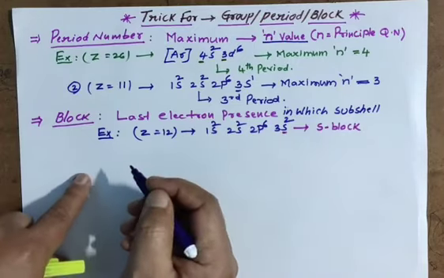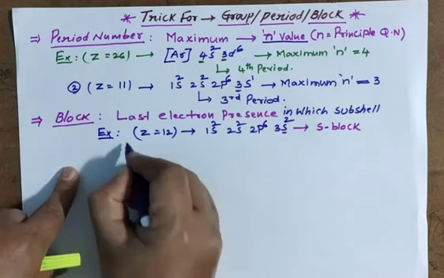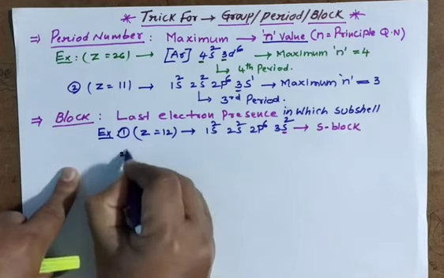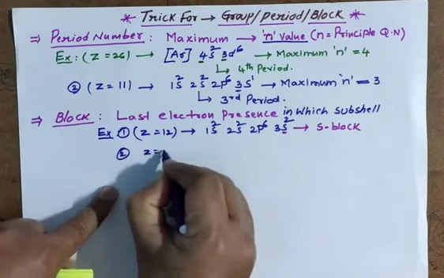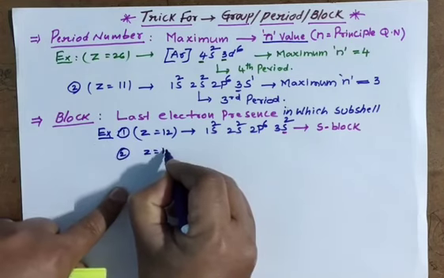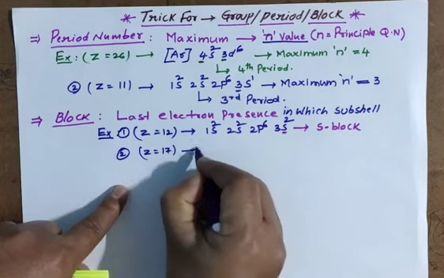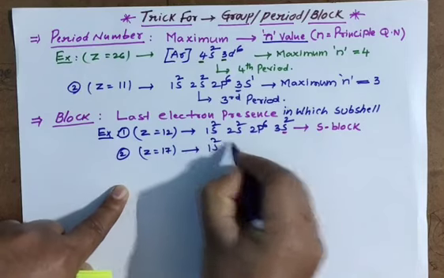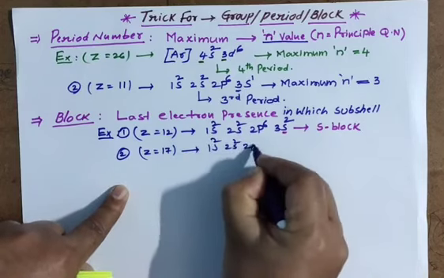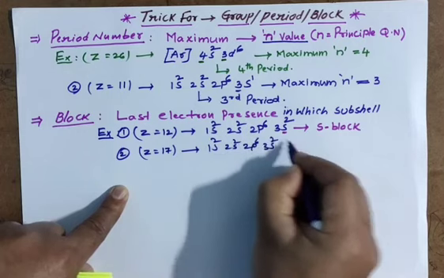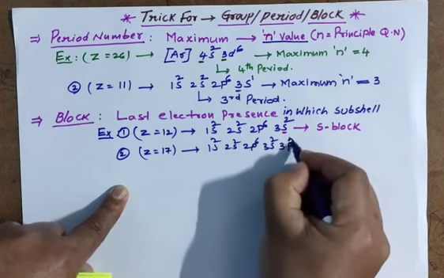And you go for another example I am taking here. Z equal to 17. So 1s2, 2s2, 2p6, 3s2, 3p5.